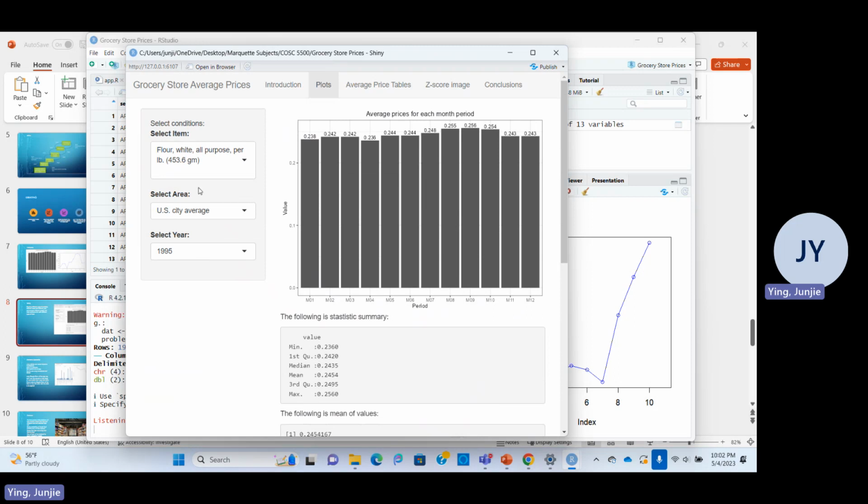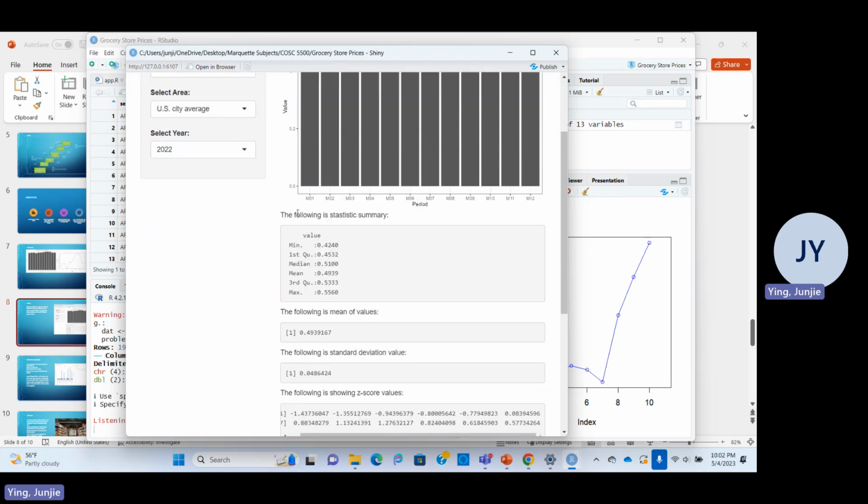Here is the example of flour, city average in 2022, and here is the bar chart of the average food prices for the flour, and the statistical summary here.